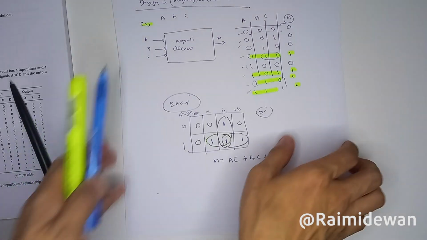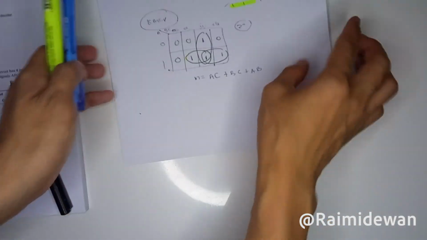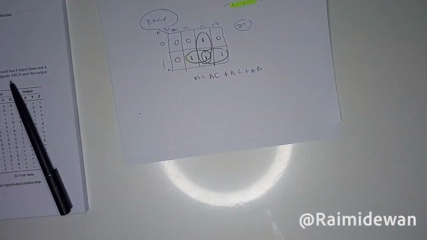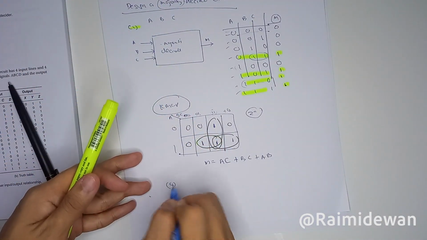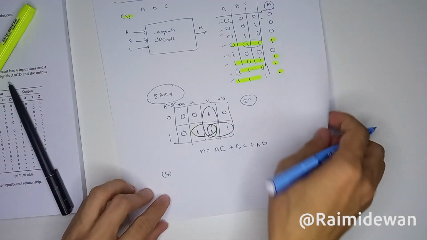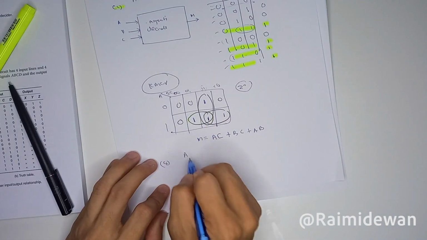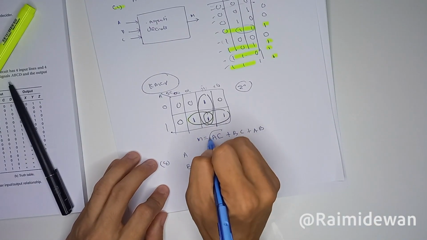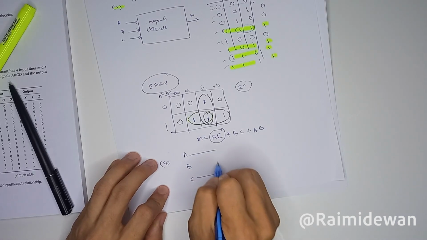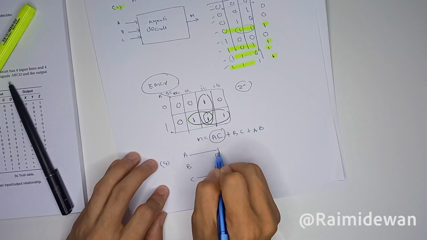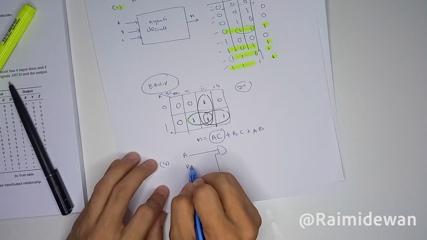Okay, now we proceed with designing the schematic. We go to the next step, which is the schematic. So it is simple. You have A, B, C. For this one, you have AC. Okay, this one BC.